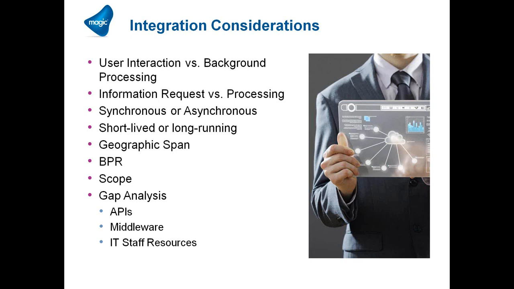When you're looking at your integration project, you need to consider an appropriate scope for that project. What we would suggest is starting with one or two business processes and not trying to do it all at once. Quick initial wins are going to get support and response from your business units so that you have the resources you need to continue bringing those excellent improvements to what's happening in your business environment.